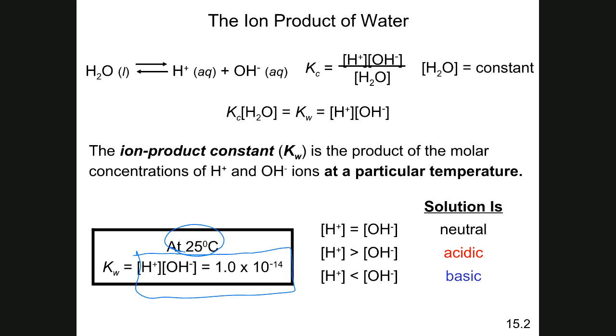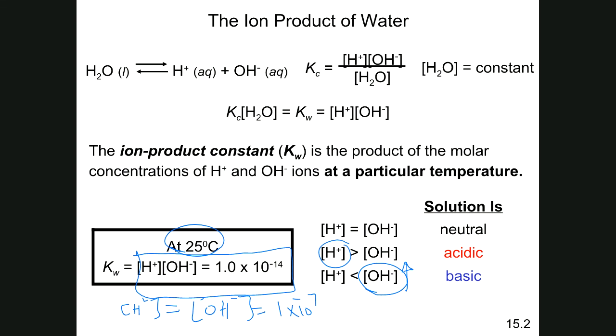This is for any aqueous solution. For pure water, the concentration of H plus equals the concentration of hydroxide ion, and that equals 1 times 10 to negative 7. In acidic solution, the concentration of H plus is higher, so OH would go down. In a basic solution, the concentration of OH ion is higher, so H plus is going to be lower.